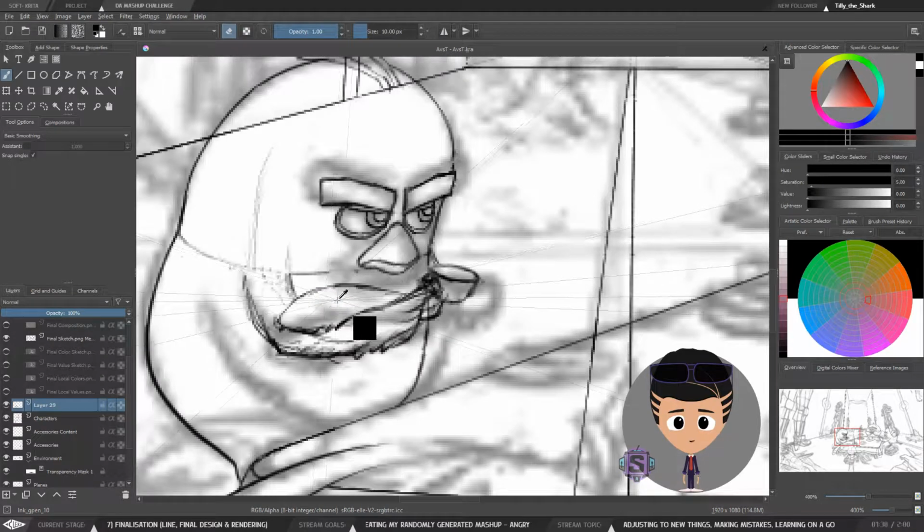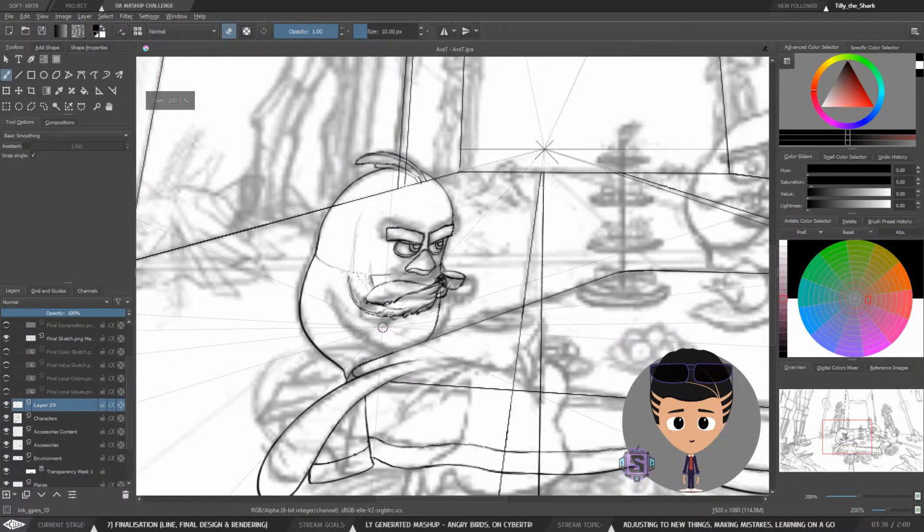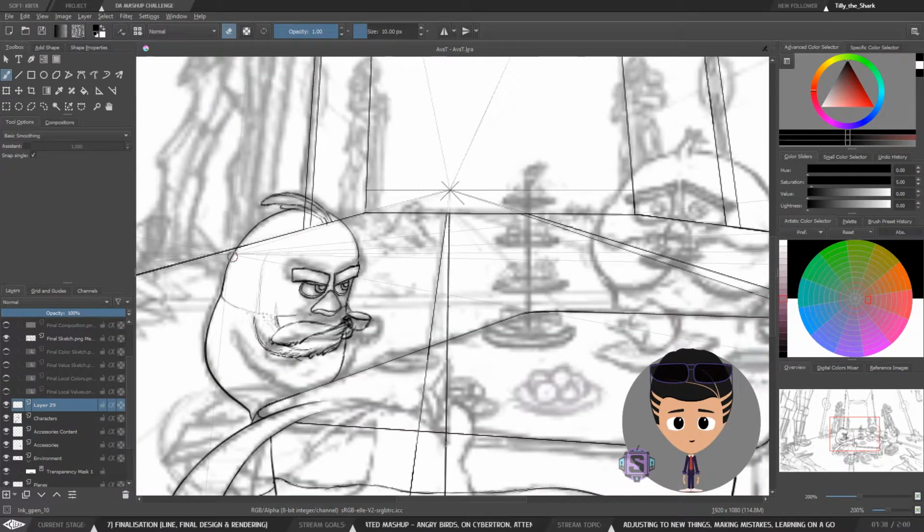Could work. Okay, this is for a different layer. Okay, we have about 20 minutes left, I think. Yes, so probably not going to finish this today.